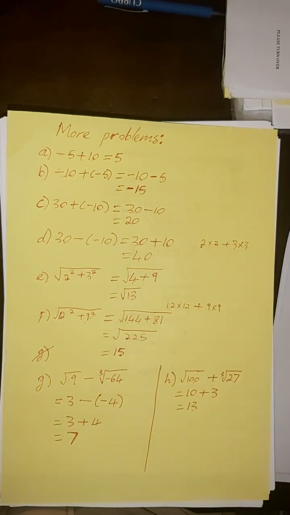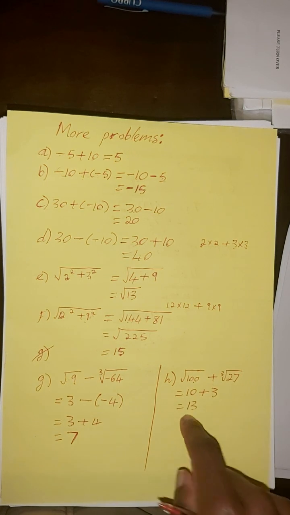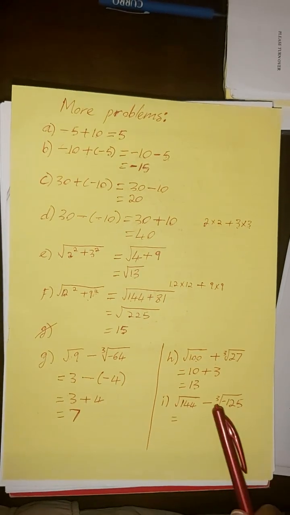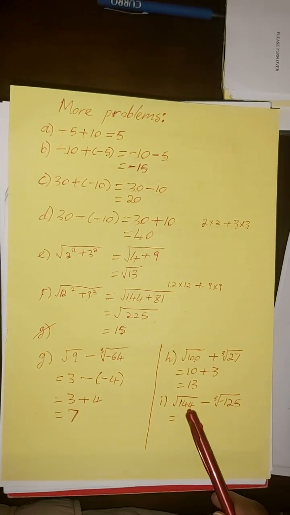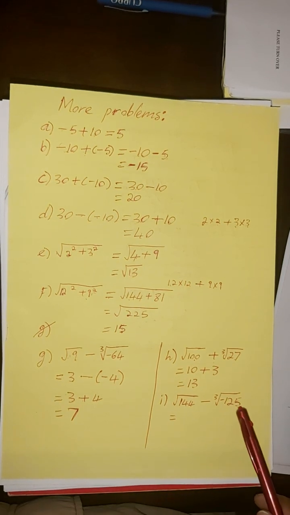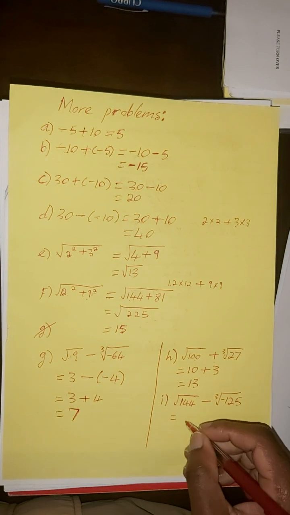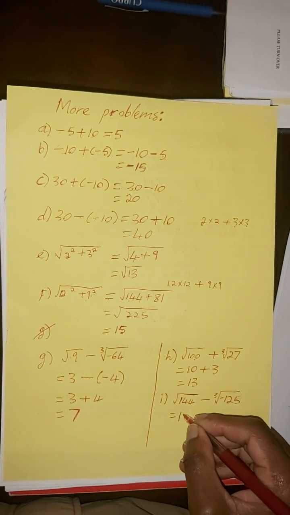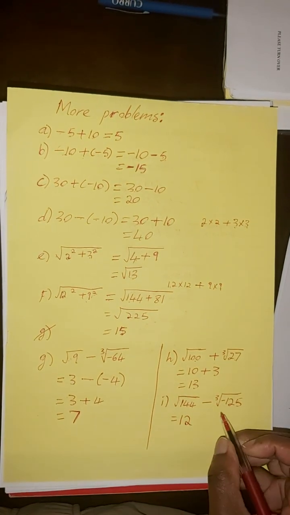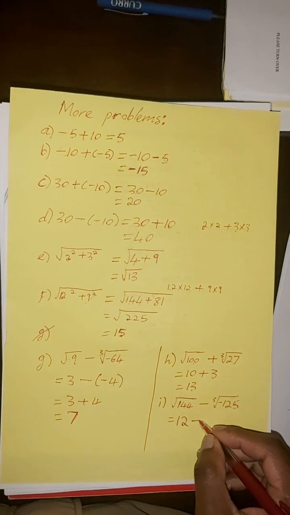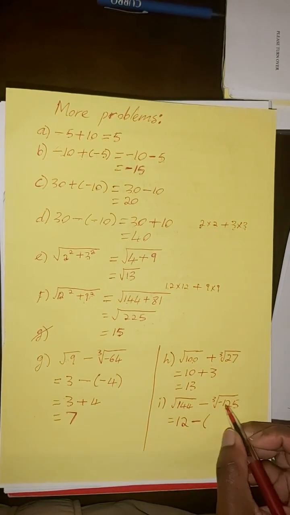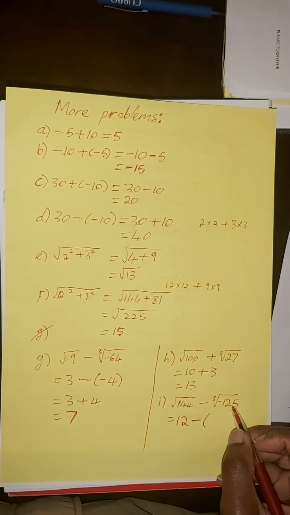All right, let's do another one similar to this one. Okay guys, what if I had the square root of 144 minus the cube root of negative 125? I would find out what the square root of 144 is, and I know that the square root of 144 is 12. And then write this minus in brackets. What is the cube root of negative 125?